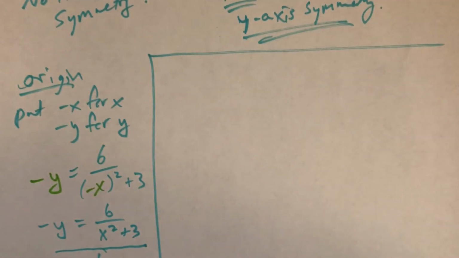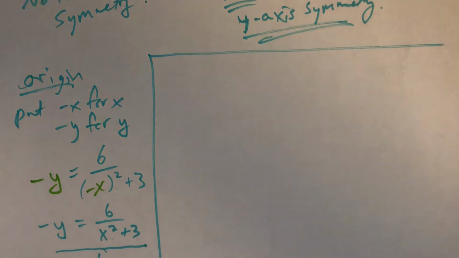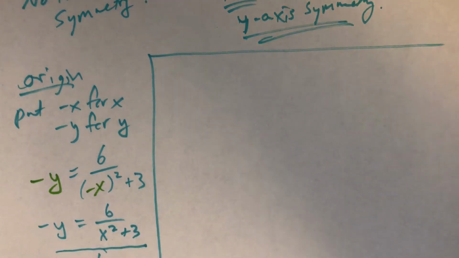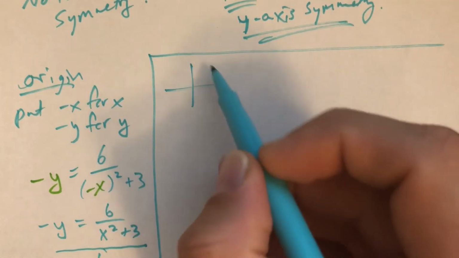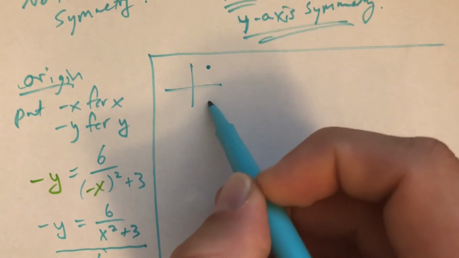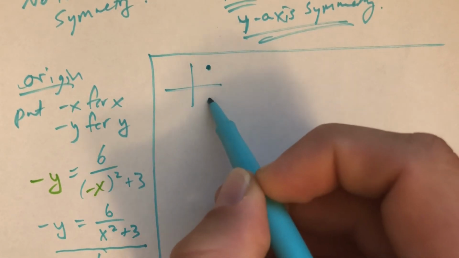When we defined what a function was, it was a relation in which no two domain values are repeated. Or another way to say that would be for each x value, there's exactly one y value. So that means that there can't be two ordered pairs that share the same x value that have a different y value.